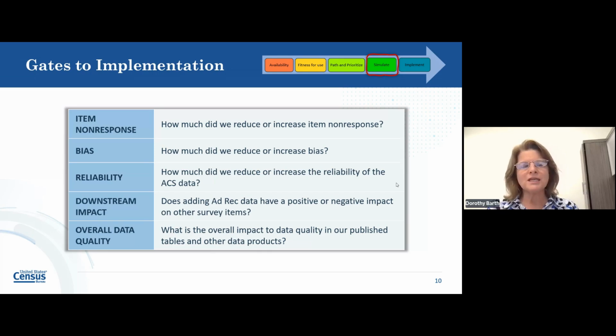We also send a Federal Register notice to the public. So we want a full disclosure, transparency, let the public know what our plan is, OMB. When that approval goes through, then we can implement.